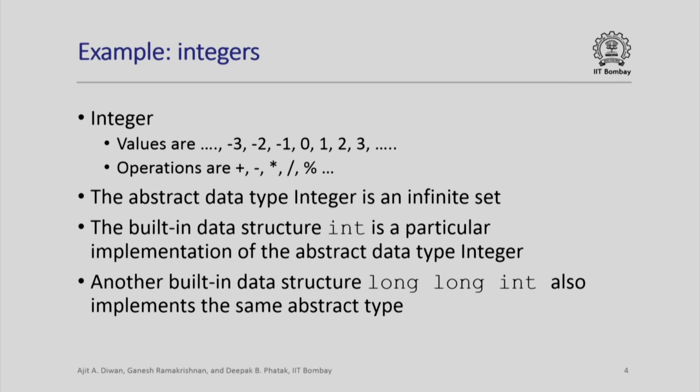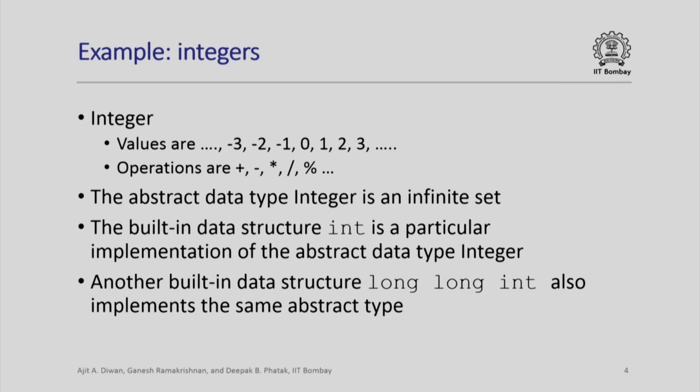But the built-in data type called int is a particular implementation of the abstract data type integer. So, it actually cannot represent all possible integers. As you know, int is typically 32-bit or 64-bit. So, there is only a finite set of integers that can be represented by the int variable.